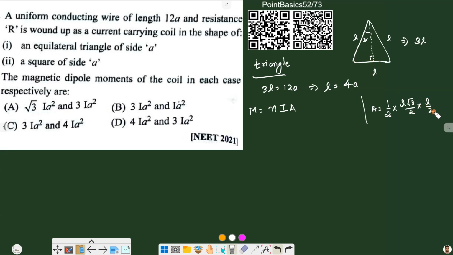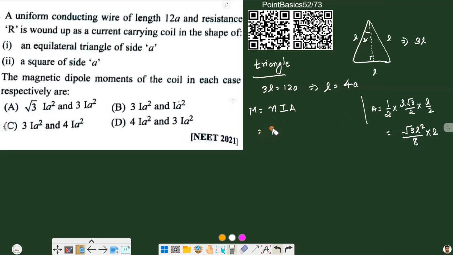So the area will be root 3 L square by 8. That is the area of one half. We have a similar half also, so we will multiply it by 2, so root 3 L square by 4.